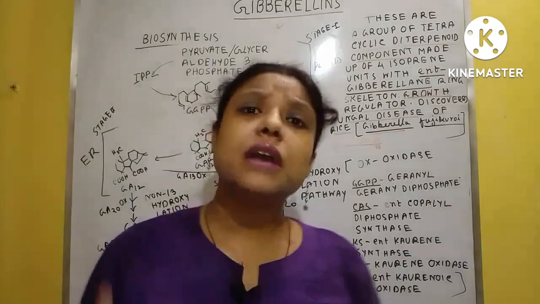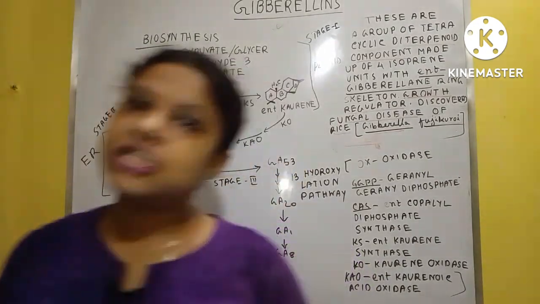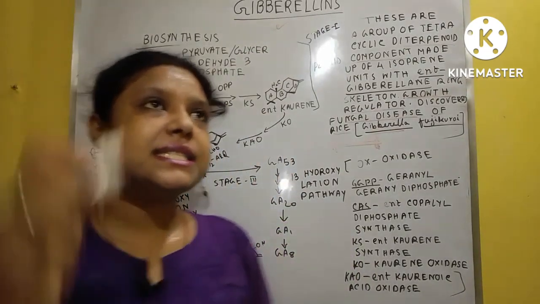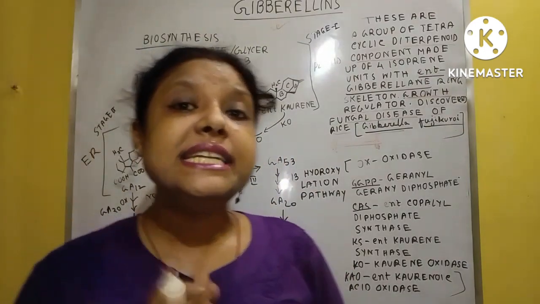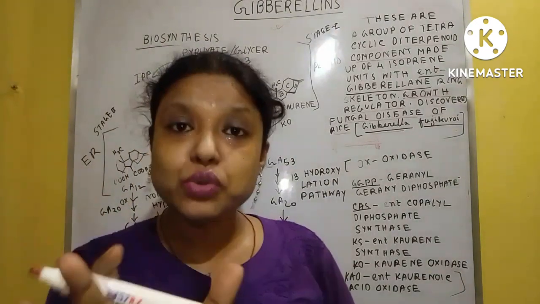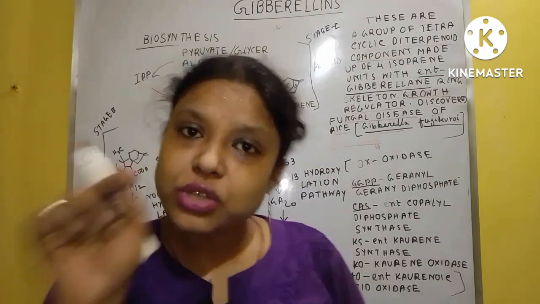Plants grow due to cell division that occurs in the meristematic tissue, which is seen either in the plant's apex region or in the intercalary region, that means between the two nodes, the internode region.